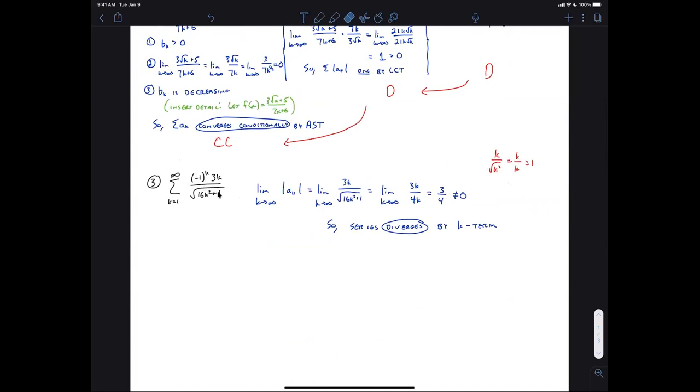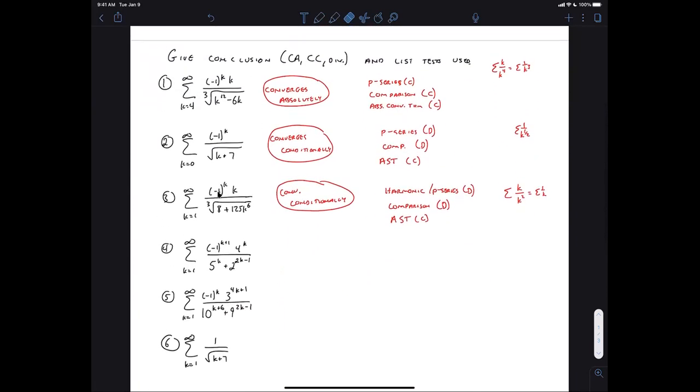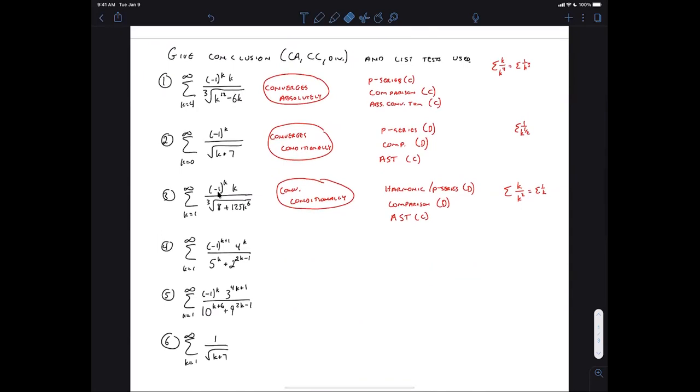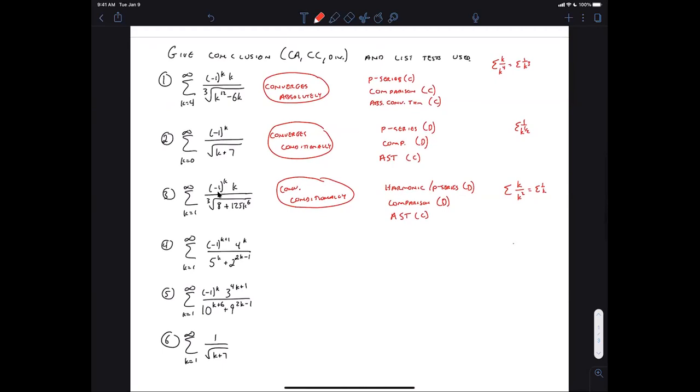All right. So then this one, you would get over here and it'd be 4 to the K over 5 to the K, which is 4/5 to the K. That is not a P series, it's geometric and converges. You would have a comparison test.